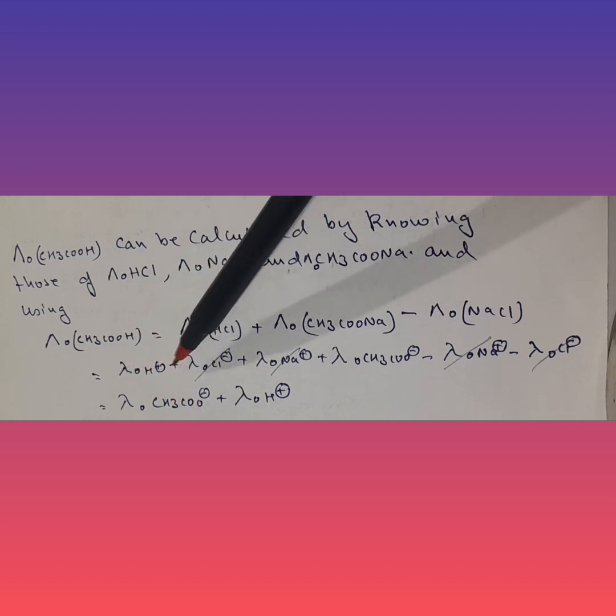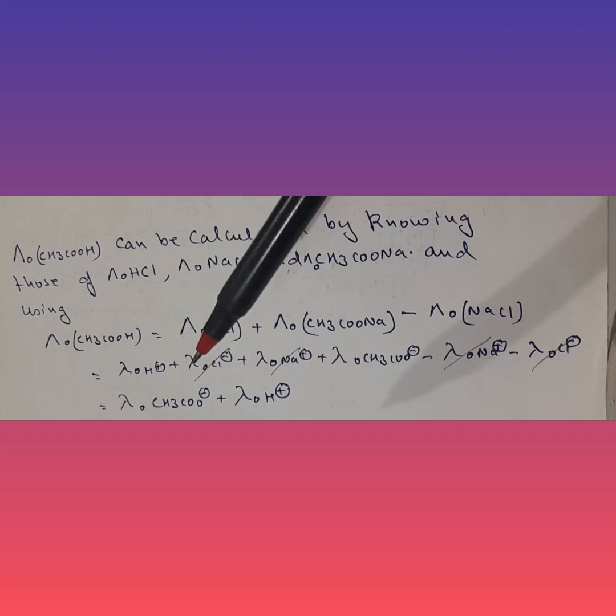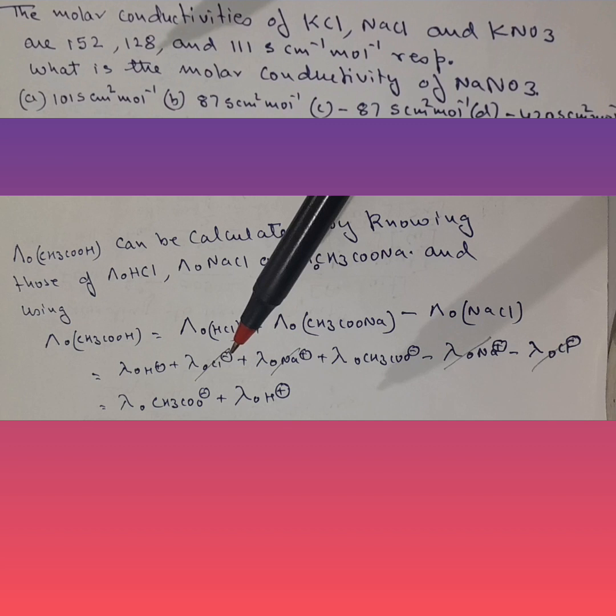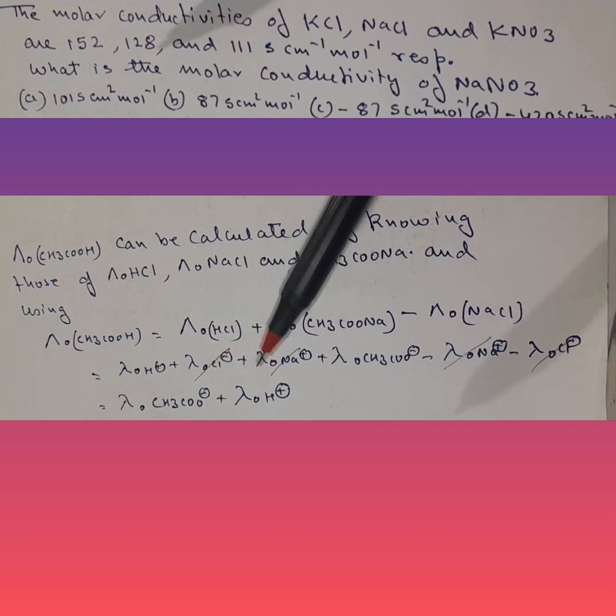This is how the Kohlrausch method helps us determine molar conductivity at infinite dilution for weak electrolytes. The example we have chosen for CET is not for weak electrolytes, but it uses the same technique.